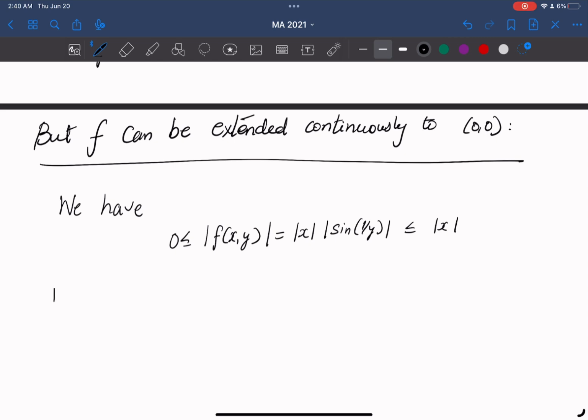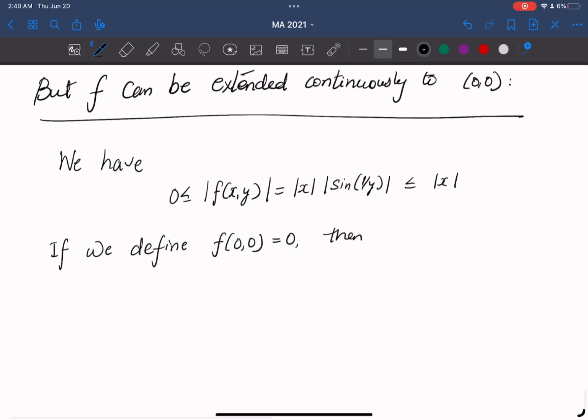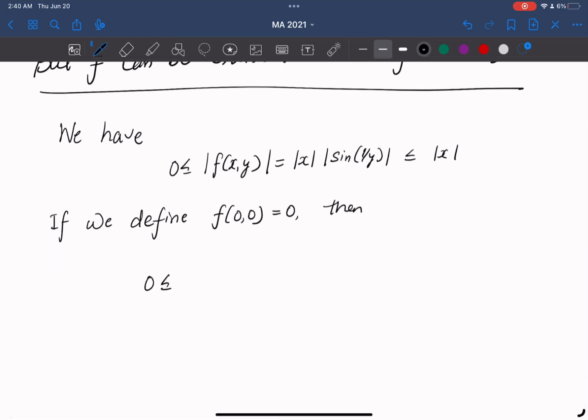So in this case, what we do is this. Let us define the function at (0, 0) to be equal to 0. Now, if we do that, then we have something like this: 0 is less than or equal to modulus of f(x, y) minus f(0, 0), which is 0 by definition. So this we have already evaluated to be less than or equal to modulus of x, and modulus of x is less than or equal to the square root of x squared plus y squared.